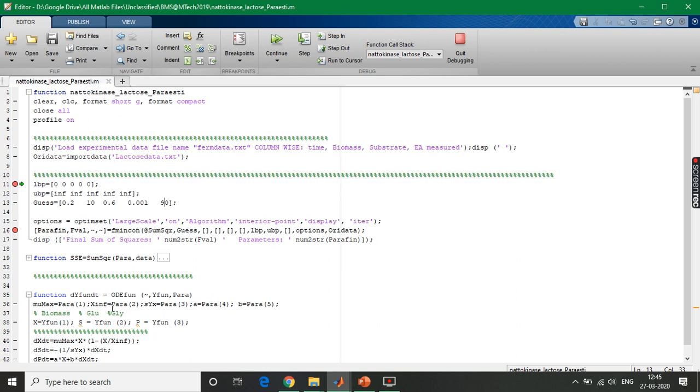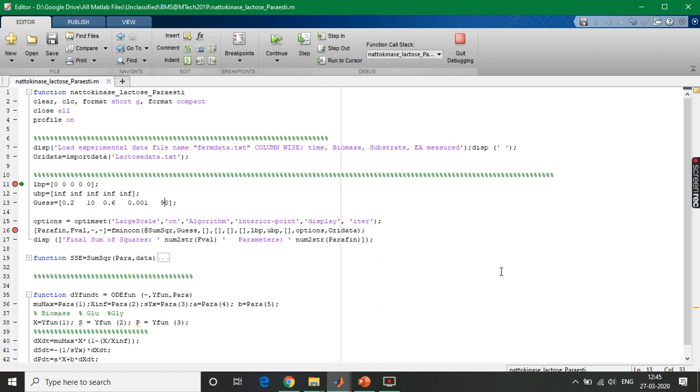These are coming for mu max, guess value is 0.2, x infinity guess value is for example 10, this is for yield coefficient 0.6, a 0.001, and b is the parameter value which I am assuming initial value 90.